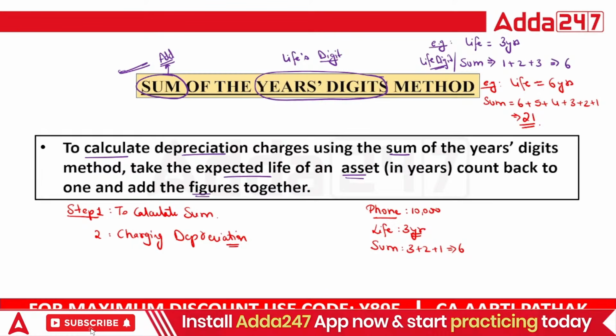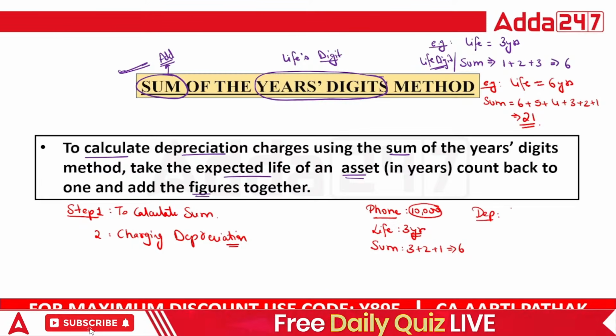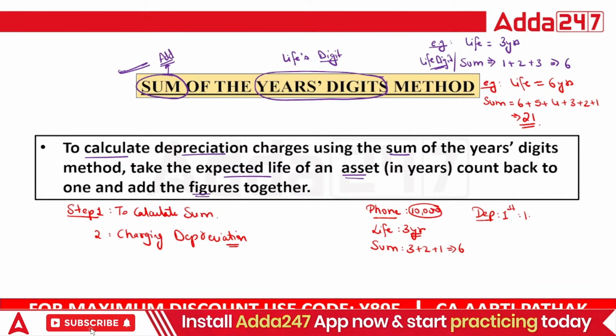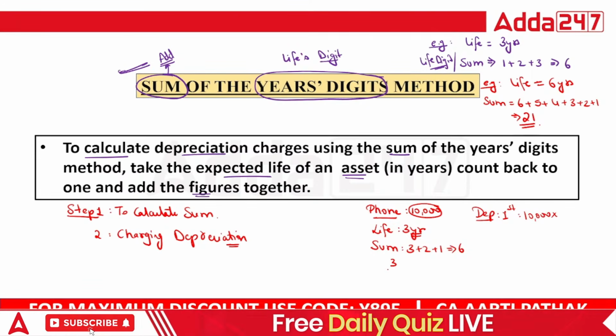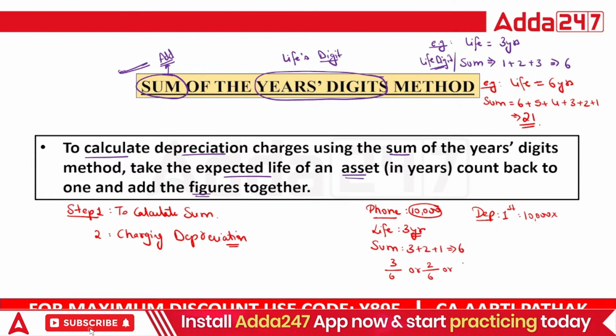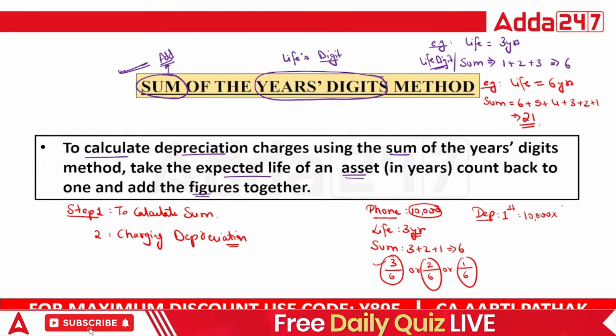So in the first year, when I calculate depreciation, I will be charging the highest value of depreciation. How will I get it? By taking 3 divided by 6, or 2 divided by 6, or 1 divided by 6. Which value will give me the highest amount? Of course, 3 by 6.